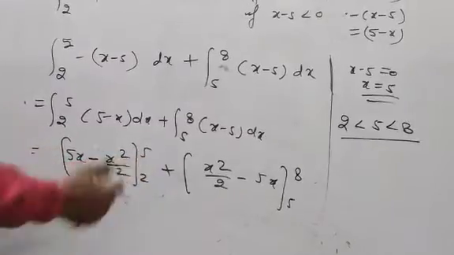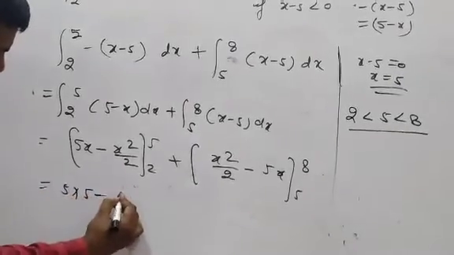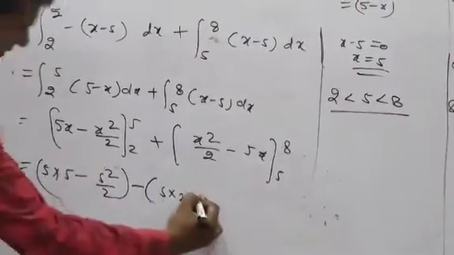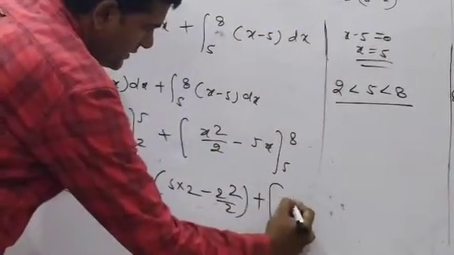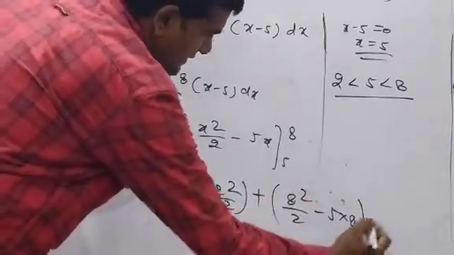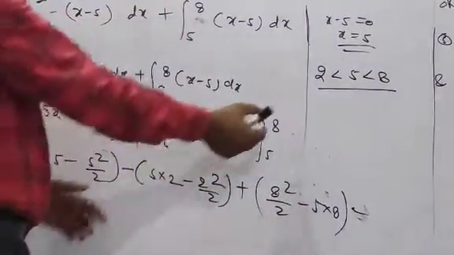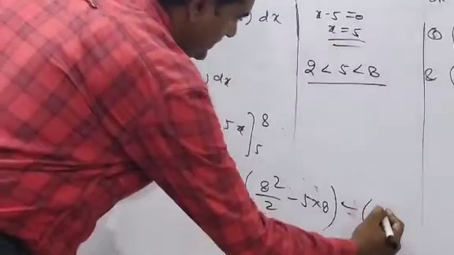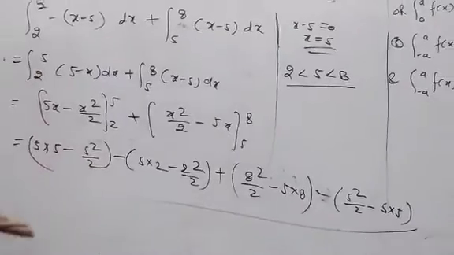Now we can put in the values: in place of x, 5 into 5 minus 5 square by 2, minus 5 into 2 minus 2 square by 2, plus 8 square by 2 minus 5 into 8, and minus, because first we put 8 in place of x, minus we put 5 in place of x, then 5 square by 2 minus 5 into 5. After that, solve and the answer will come.